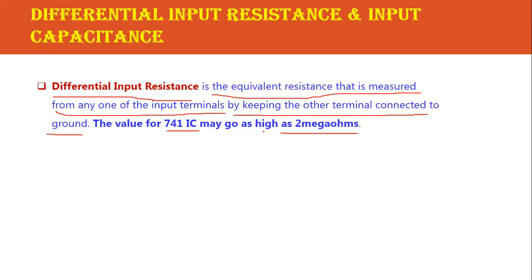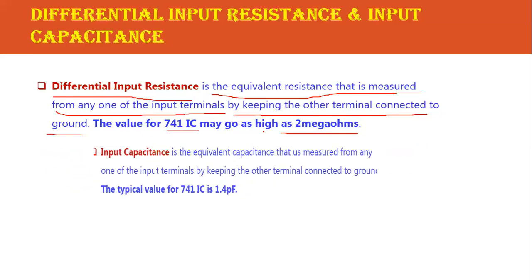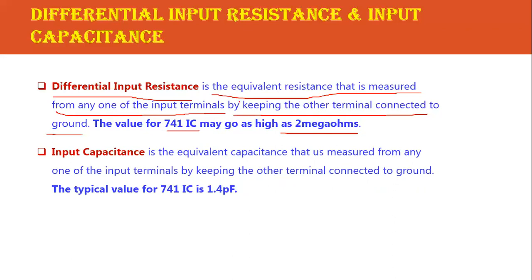Next one is input capacitance. Generally this input capacitance is avoided, but if we consider it, it will be around 1.5 picofarads, which is very, very less. This is also the equivalent capacitance measured from any one of the input terminals by keeping the other terminal connected to ground.